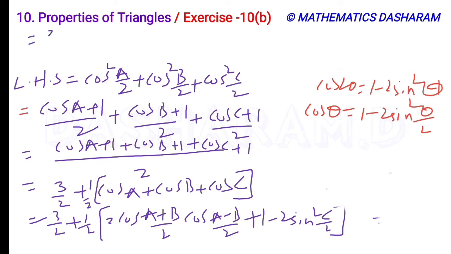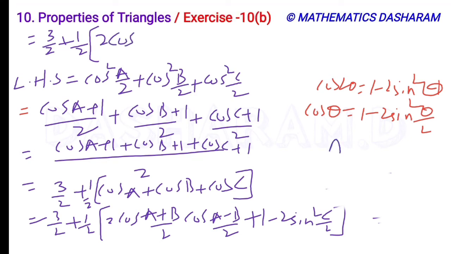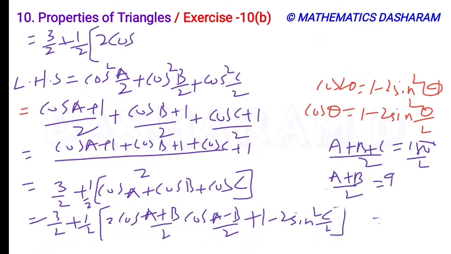So it is equals to 3 by 2 plus 1 by 2 bracket of, so 2 cos. So actually the sum of the three angles is 180 degrees. So by 2 by 2. So A plus B by 2 equals to 90 degrees minus C by 2. So then cos 90 minus C by 2.